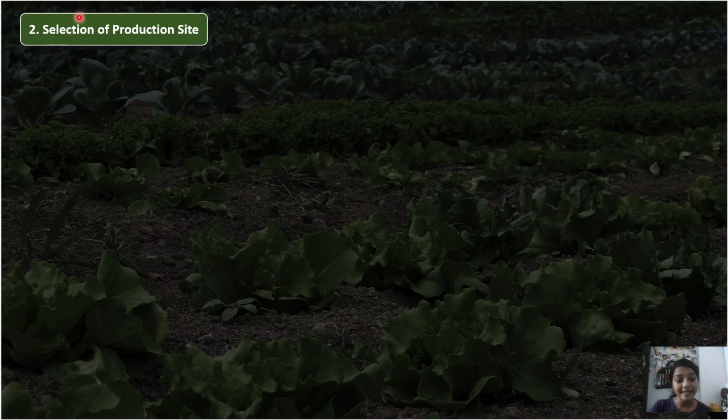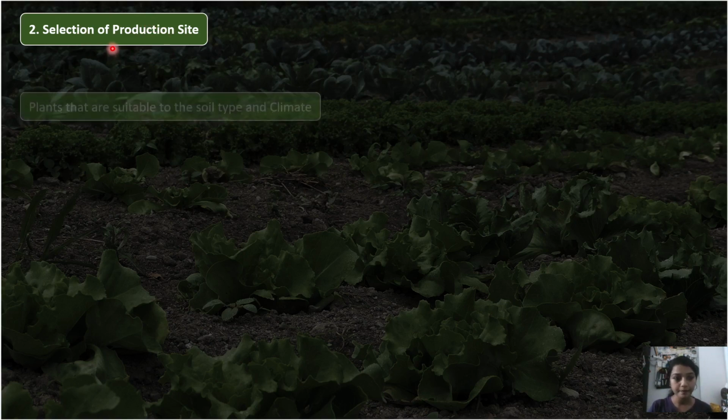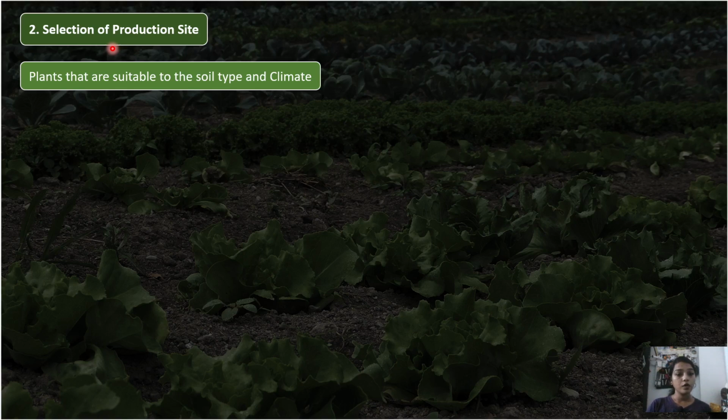Now the second type of preventive method is selection of production site. Now what is production site? Production site is that place where we are planning to grow our plant.